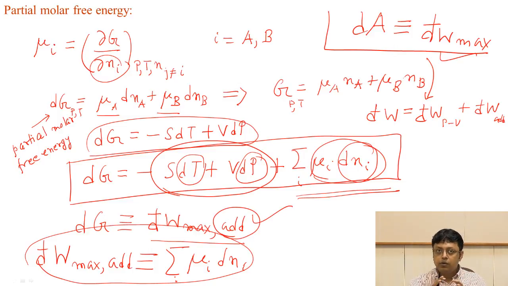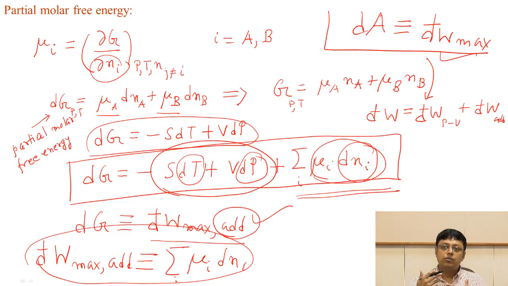We'll also quantify it. We are right now just writing it phenomenologically, saying that we are assuming that there is a change in free energy, and that will be equivalent to mu i dn i. But since there is no change in the pressure-volume kind of work, we are saying that this is a non-pressure-volume work.